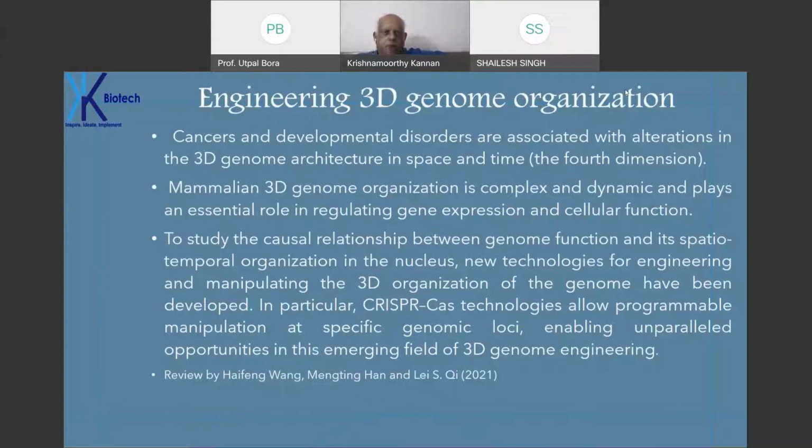People have found that cancers and developmental disorders are associated with alteration in the 3-dimensional genome architecture in space and time. That is the first thing people observe: if there is a conformational change, just like if a protein gets denatured, the enzyme is no more active.